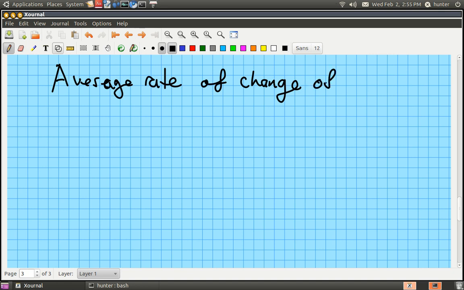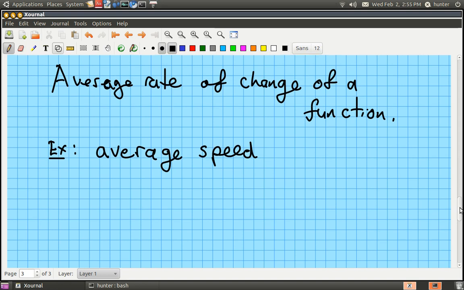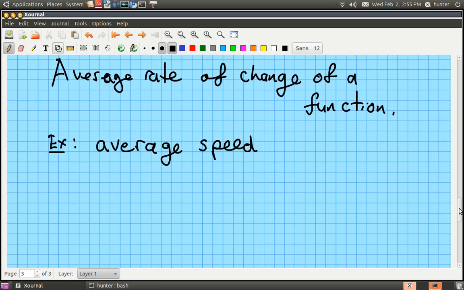And we're talking about functions, so let's look at the average rate of change of a function. Let's start with an example. Let's look at what average speed means. This is something that we're kind of familiar with.